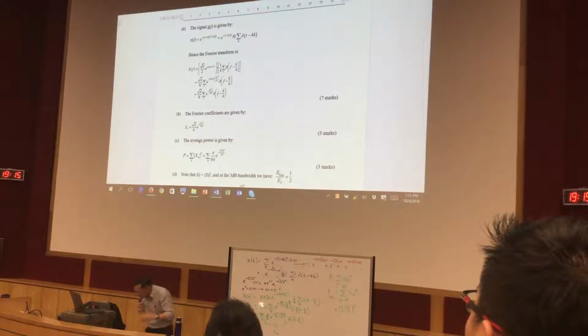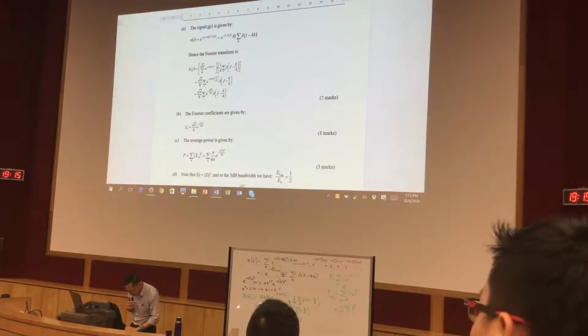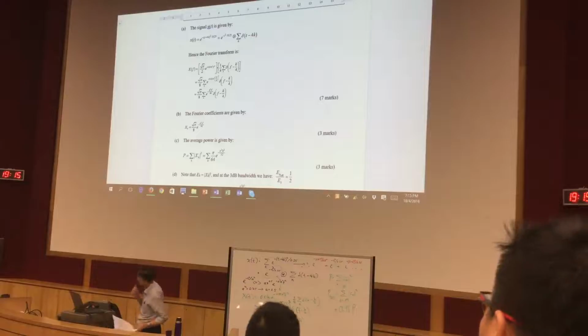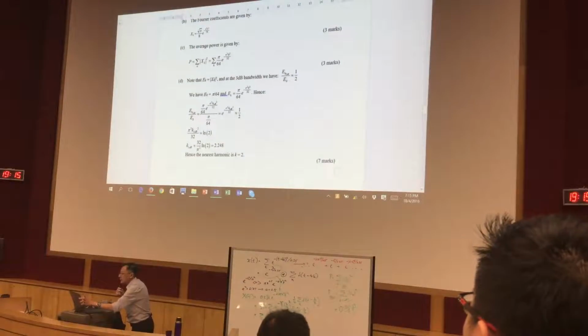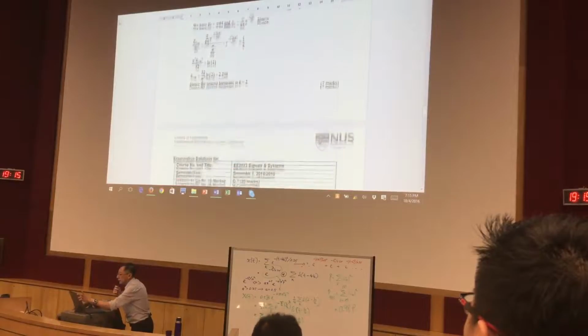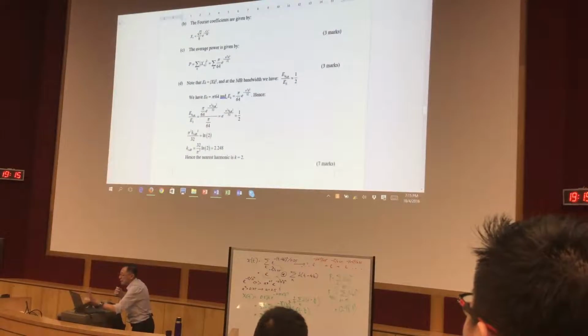Are we supposed to do 3 dB then? Did I miss out the 3 dB value? No, the question didn't ask for a 3 dB value. I think they must have changed the question somewhere. This is probably an older version of the answer sheet.